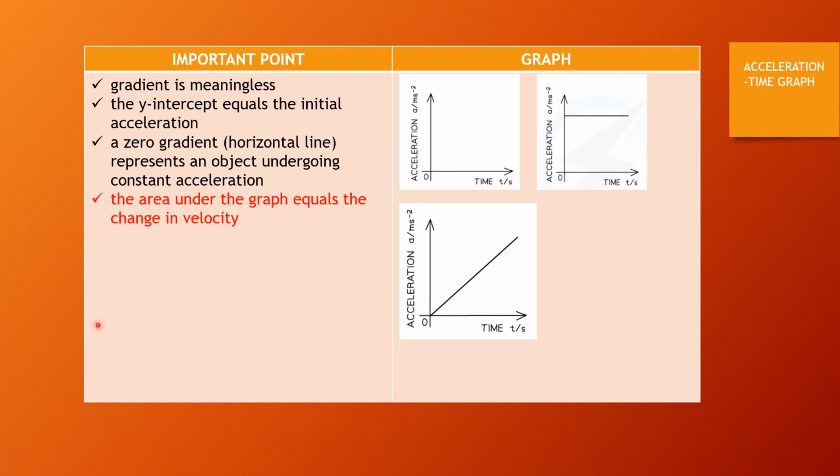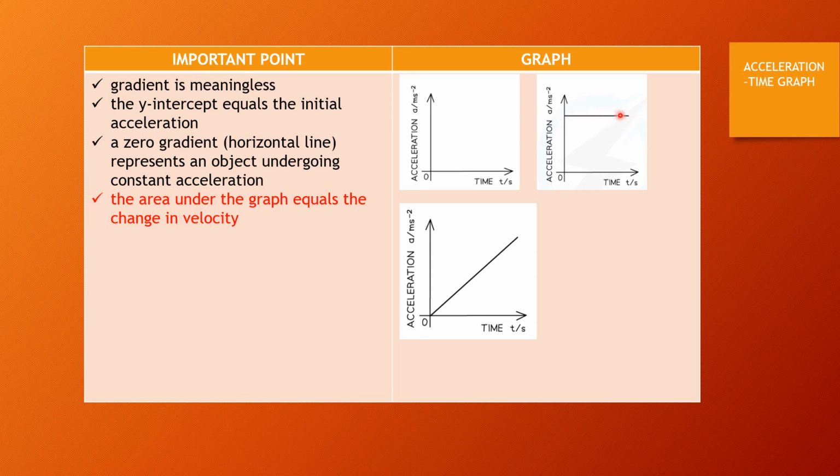In the acceleration time graph, the gradient doesn't represent anything. It doesn't give a value for anything. The y-intercept here equals the initial acceleration. In this graph, the initial acceleration at time t0 is, for example, 5 meters per second squared. Then after some time t it is still the same.